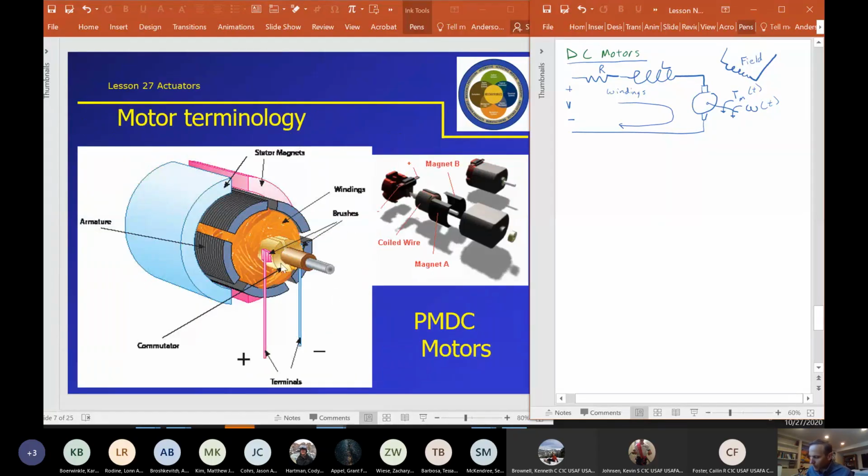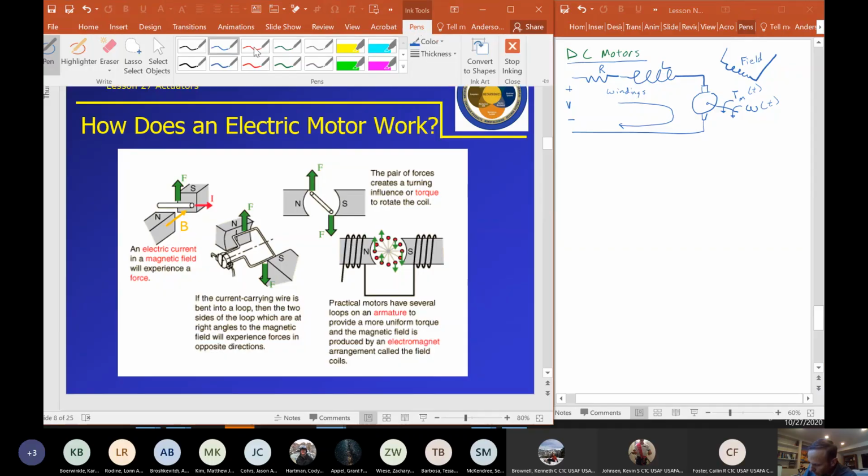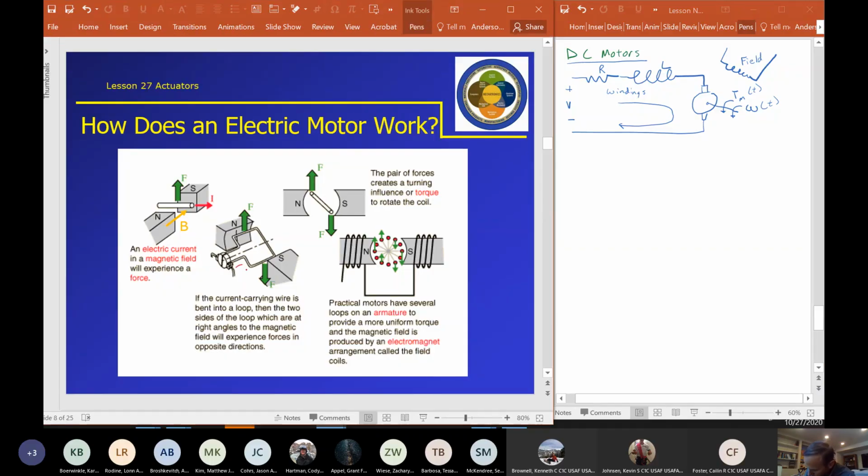So I've talked about how we have to have a way to switch the current so that when that coil of wires gets lined up between the magnets, we need to switch the direction of current. Back to this diagram, if we just had the single coil, and if current is going through in this direction, see this red arrow I'm adding, it's going to want to rotate that coil until it lines up vertically here.